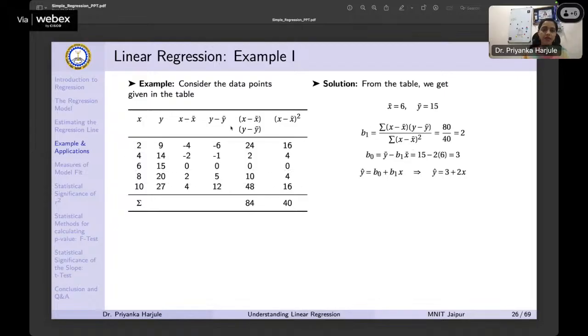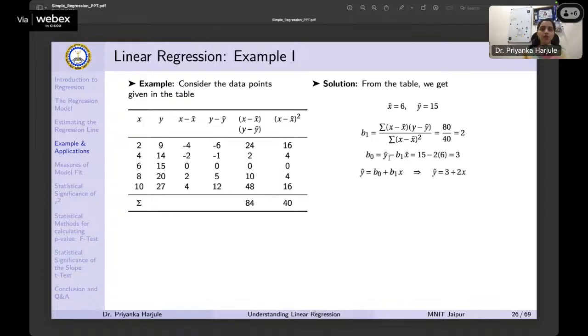This is what we derived in the simple linear regression case. So from the data, we can calculate all of it, substitute here, and we get the slope, that is the slope at which we will get the best fitting line. And once we have the slope, we can find out the intercept by substituting it. So that is y bar minus b1 x bar.